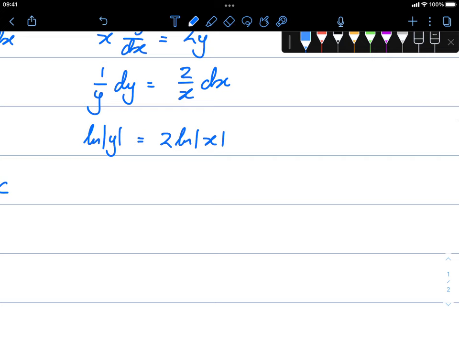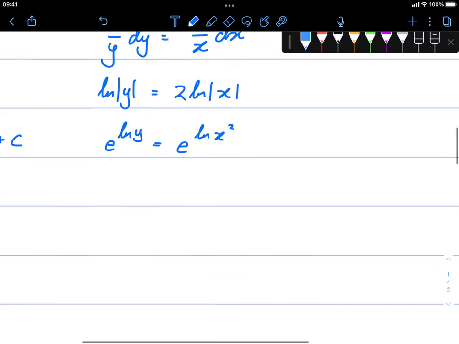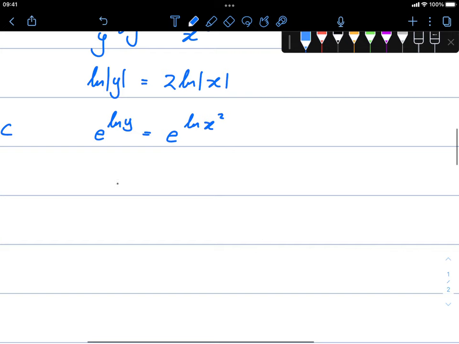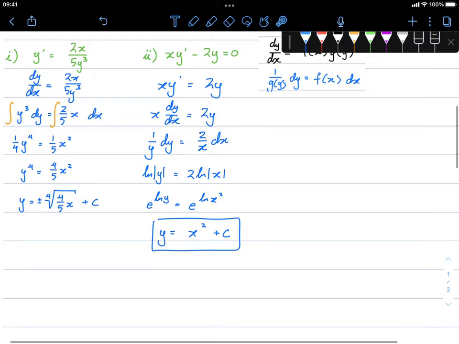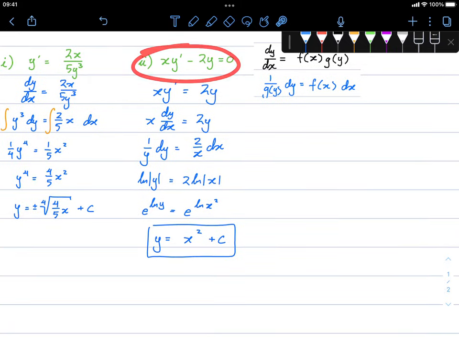We take e of both sides. So this will give us e to the ln y equals e to the ln of x squared, which will give us y is equal to x squared plus c. And that is the solution to this differential equation.